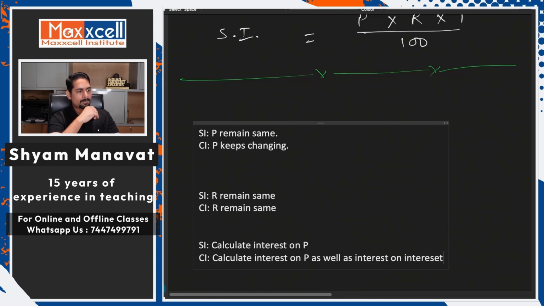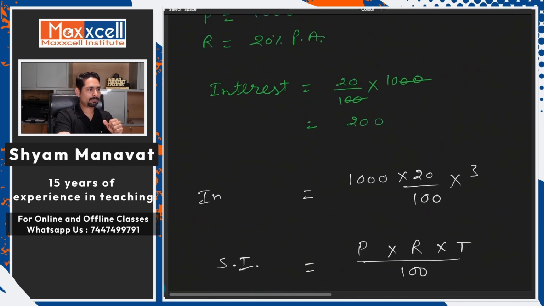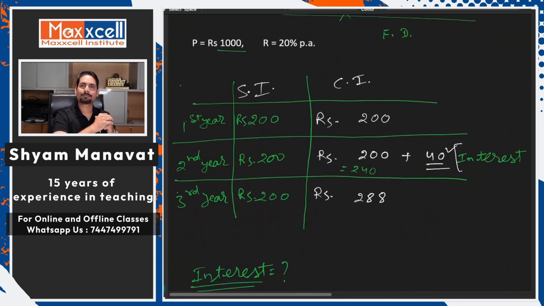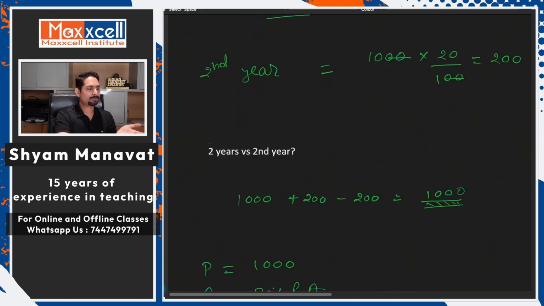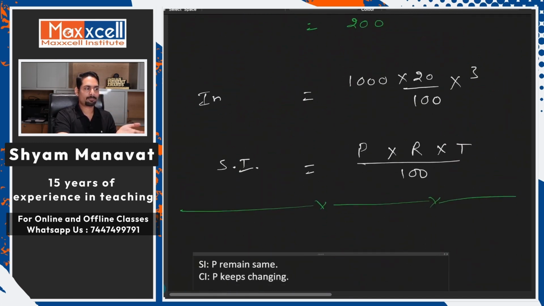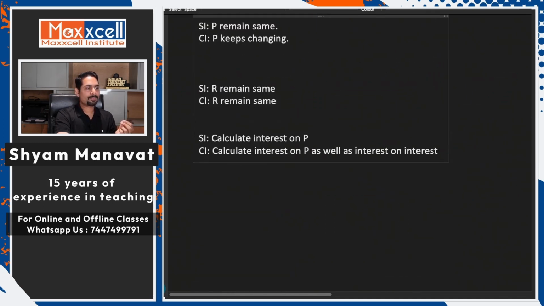So you should understand these points. They are very important. I hope these points are clear to you. And with this example, I hope you understood how we got this formula of simple interest, which is PRT by 100.